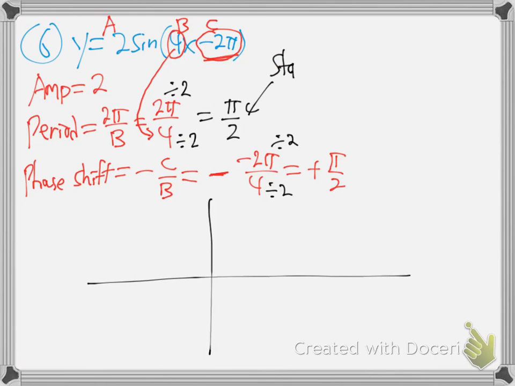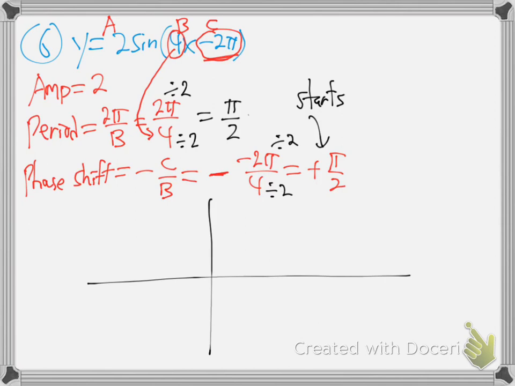The start is always the, not the period, what am I doing? It's the phase shift. The start is always the phase shift. That's what the phase shift is, by the way. It's the shift of the graph. So that tells you the starting point.